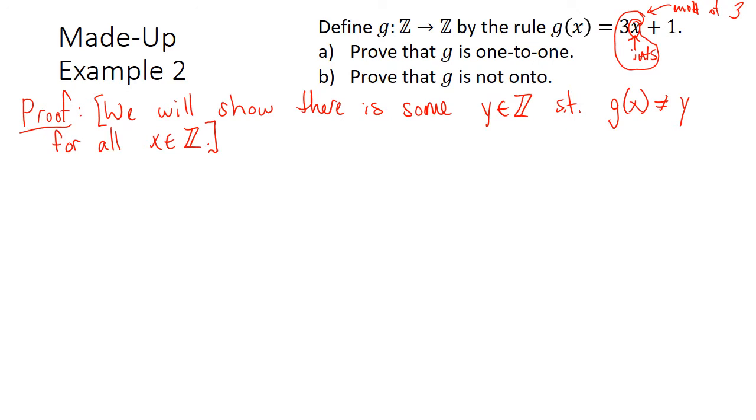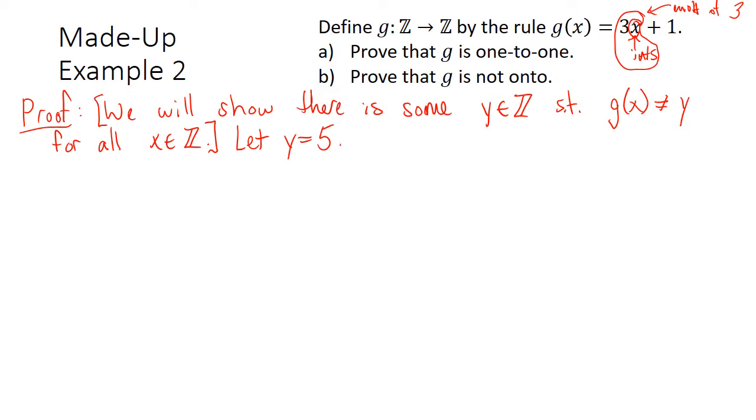So you just have to think of something that you cannot write as one more than a multiple of 3. So something that is one more than a multiple of 3 would be like 4, for example. So you just have to pick something else, like 5. 5 is not one more than a multiple of 3, okay? So let's go ahead and just pick 5, and you can do it with another number, whichever one you want.